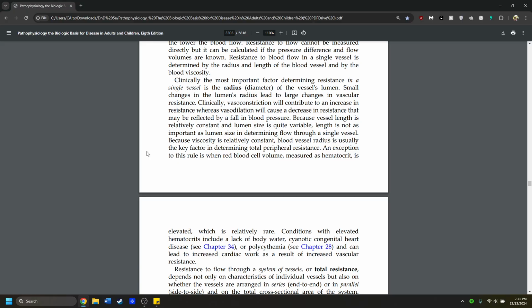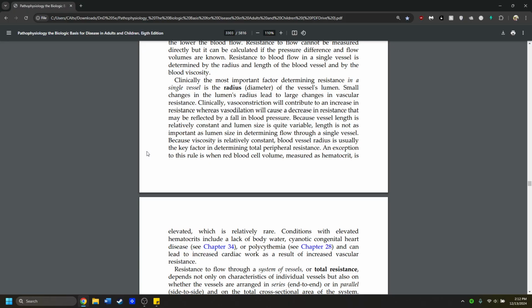Because vessel length is relatively constant and lumen size is quite variable, length is not as important as the lumen size in determining flow through a single vessel. Because viscosity is largely constant, blood vessel radius is usually the key factor in determining total peripheral resistance.